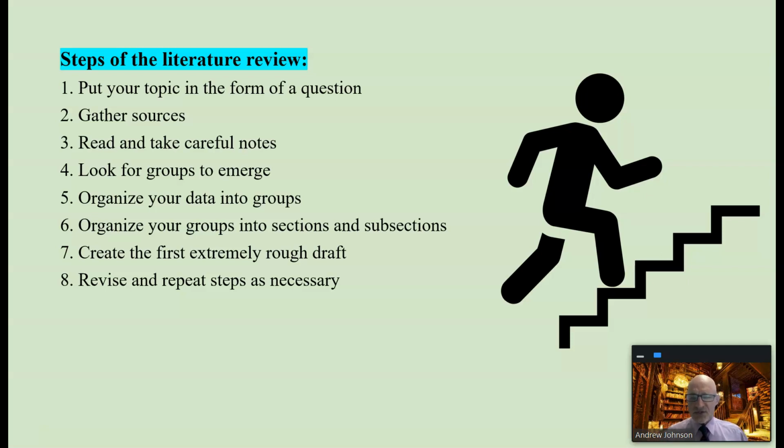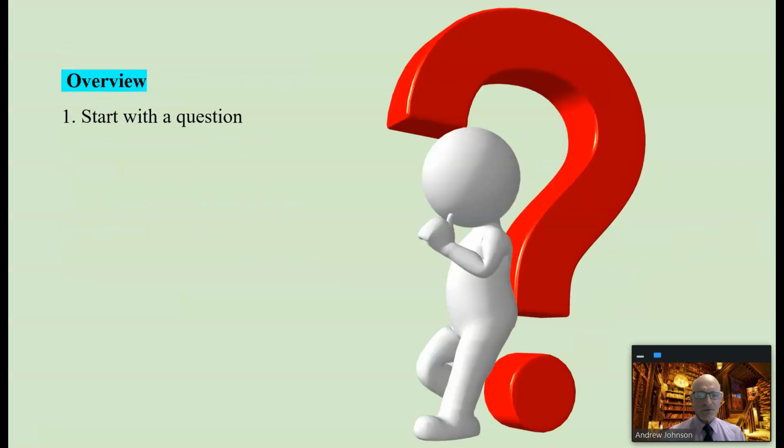Once you have your notes and your sections and subsections, you see your groups, they have emerged, then you create an extremely rough first draft, which is you just get your ideas on paper and revise and repeat as necessary. Easy peasy, you follow those steps. Anyone can write a literature review.